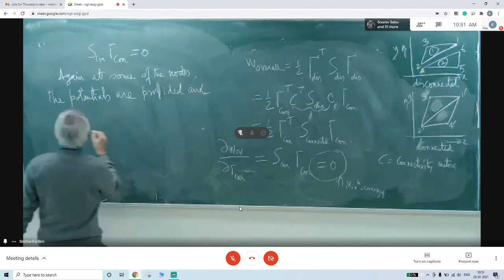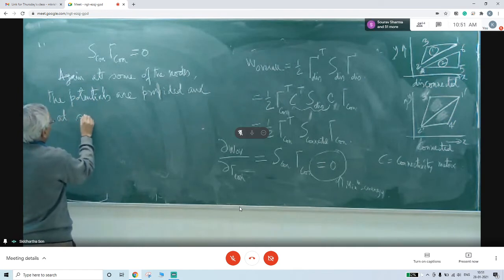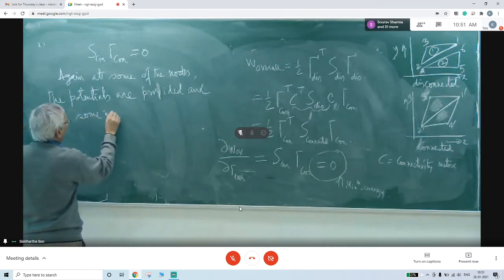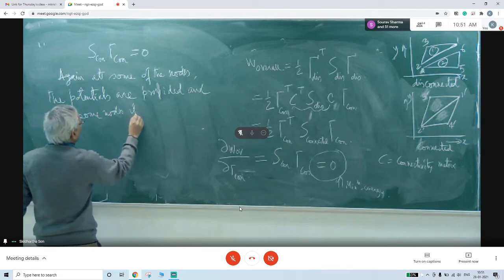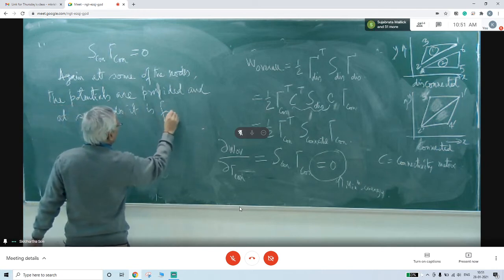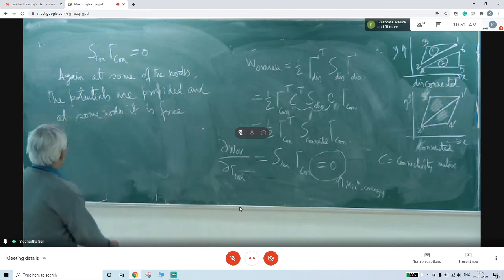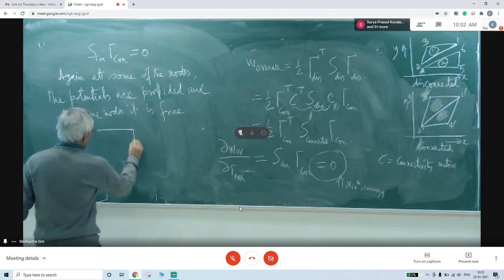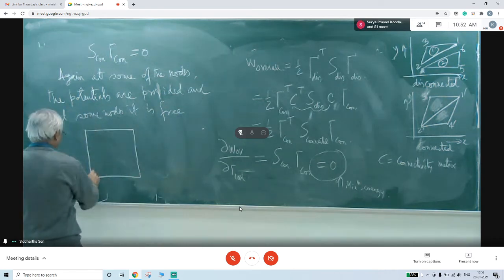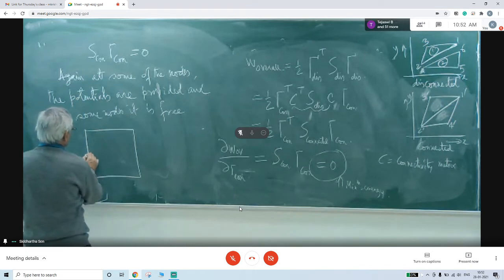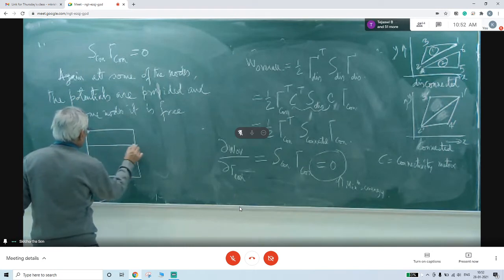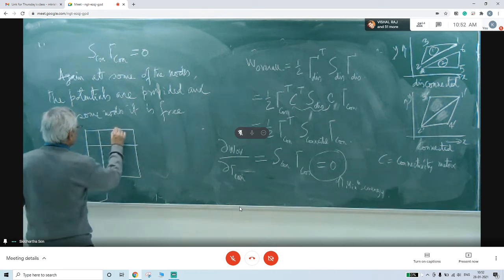And at some nodes, it is free. I can give an example. Suppose, I will take it in this way.